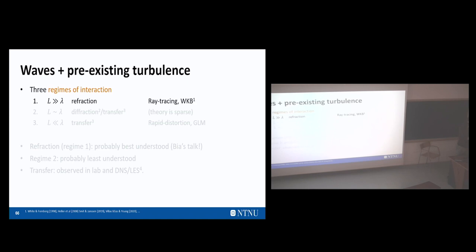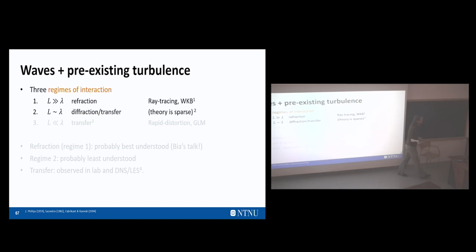Anyway, there are basically 3 regimes, and for theory, this is where Bia is the true expert. When the turbulence scales are large compared to a wavelength, you've got some theory frameworks, geometric optics, that kind of thing, WKB theory. The intermediate regime, where there is no scale separation, is the more tricky one.